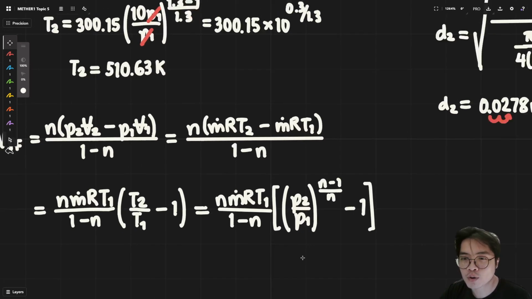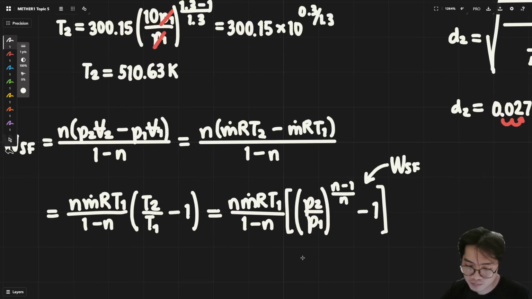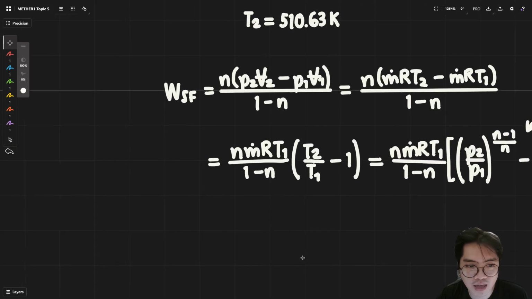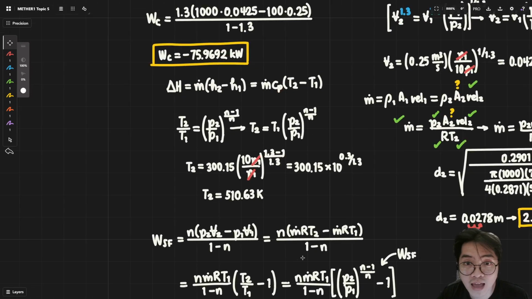That is your polytropic steady flow work. If you want, this is a very important formula, I can tell because I'm teaching the third years and we are using this equation still. You might want to remember this. This is the steady flow work equation for a polytropic process. The thing about this is that if we plug in everything correctly, we should go back to the same answer from here.